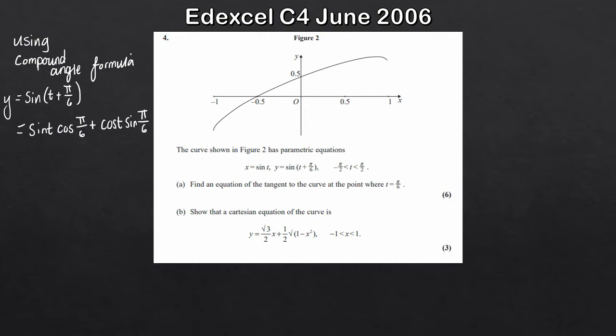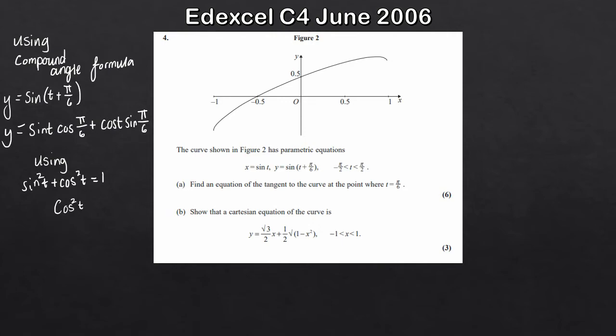Okay, so we'll need that for our very final answer when we give it in terms of y. So what we're going to do now is relate x to y using our trig identities. In this case, the easiest one to use is sine squared t plus cos squared t is equal to 1. We can rearrange this in terms of cos t.